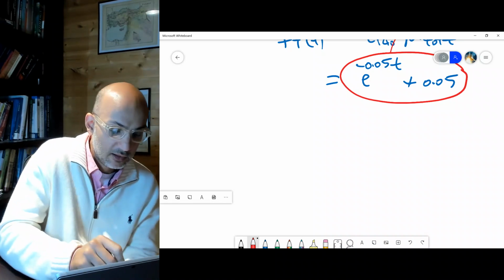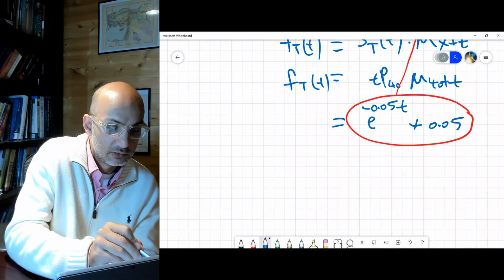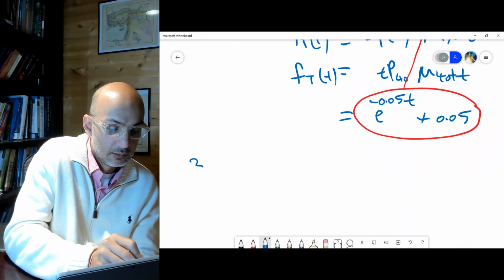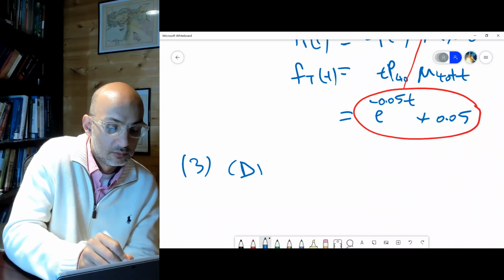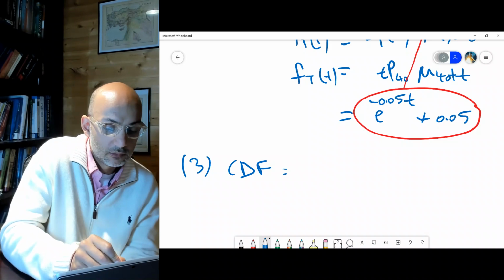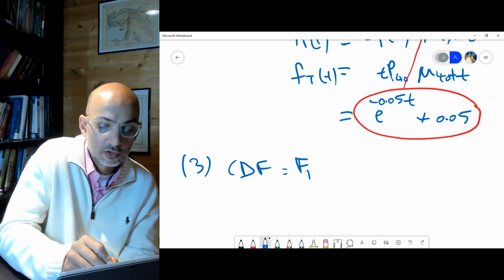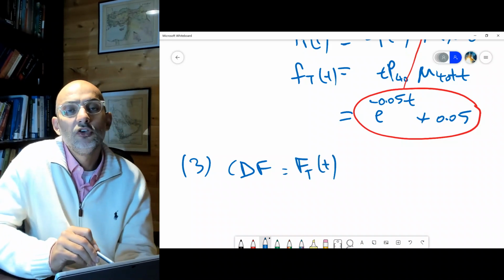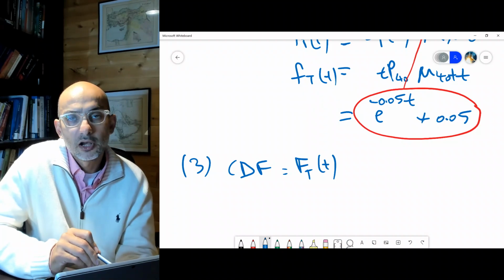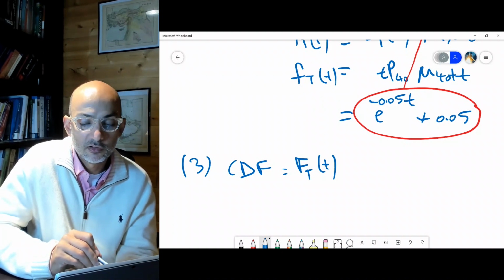But what is the CDF now? Number 3. What is the cumulative distribution function of the remaining lifetime given its exponential distribution?